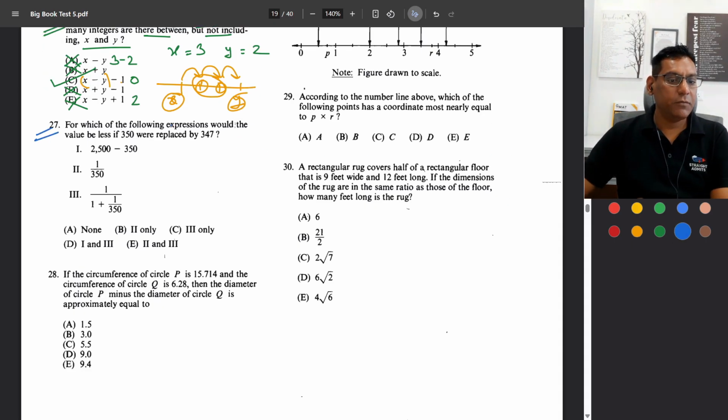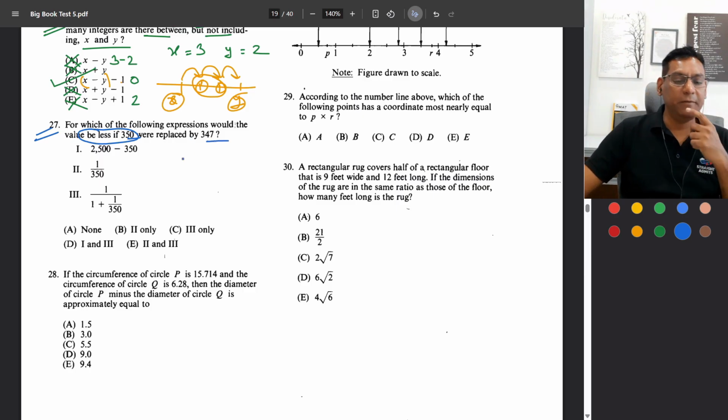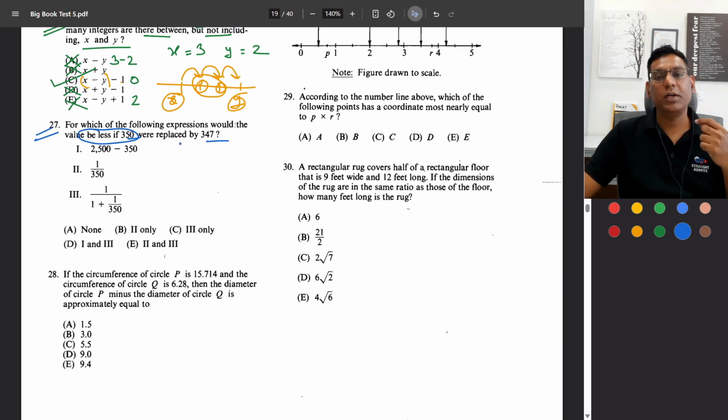Question 27, for which of the following expressions would the value be less? Okay, I want to reduce this value. If 350 were replaced by 347. Okay, so I want to replace 350 by 347. That means I'm going to replace it by a smaller number. Then which expression will give me a smaller value, right?